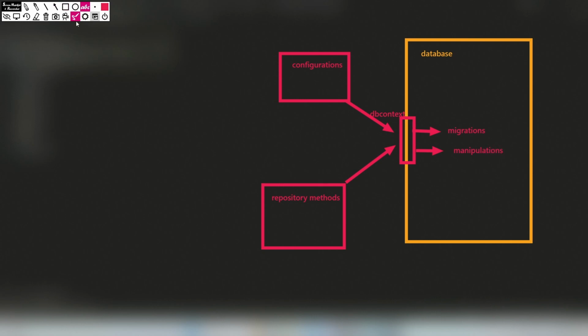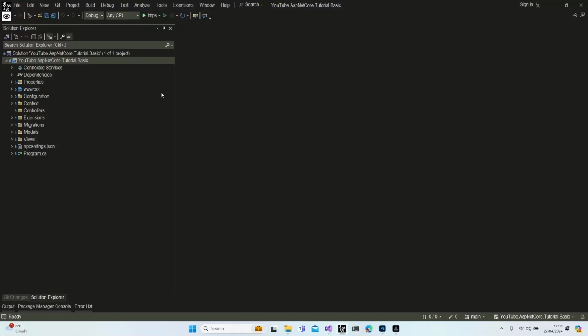Alright. And obviously our controllers will use these repository methods, and these repository methods make the manipulations. This is the basic schema of what we're going to build in this project. Alright, let's clear everything and close this section.